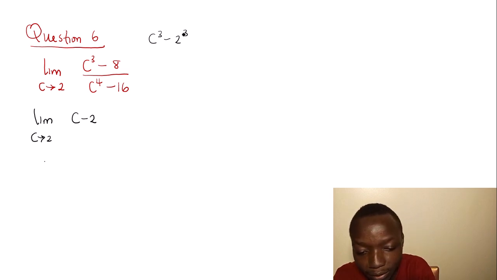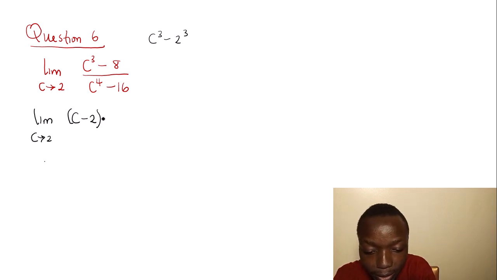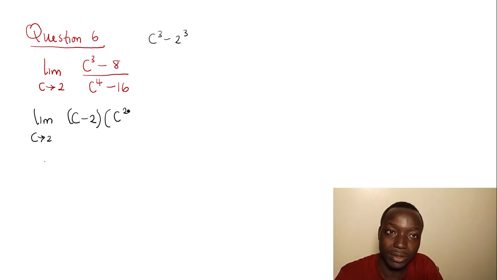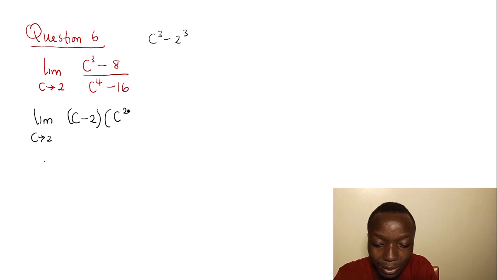So let's apply the same thing here. You're going to have (c - 2), then c squared, then plus ab, that's 2 times c, so plus 2c, and then plus 4, since 2 squared is 4.